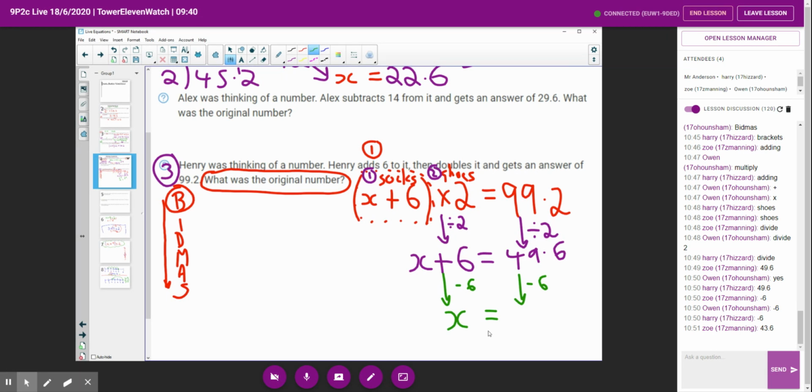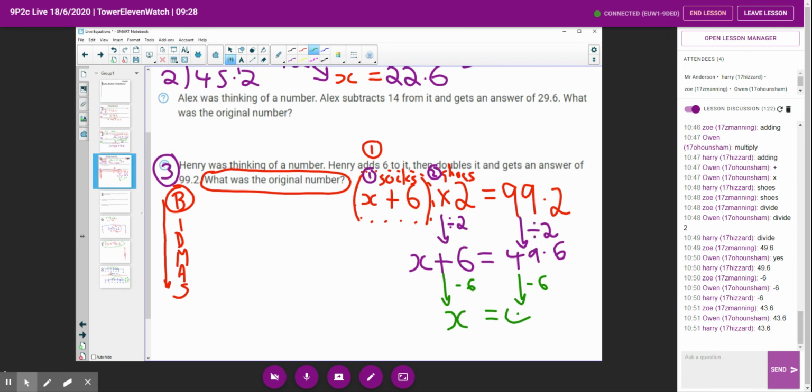Okay, Zoe says 43.6. Owen, Harry? Owen's got the same. Well done, guys. Fantastic. So we've got our answer of 43.6.